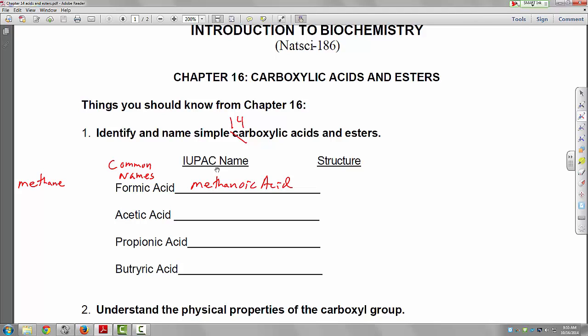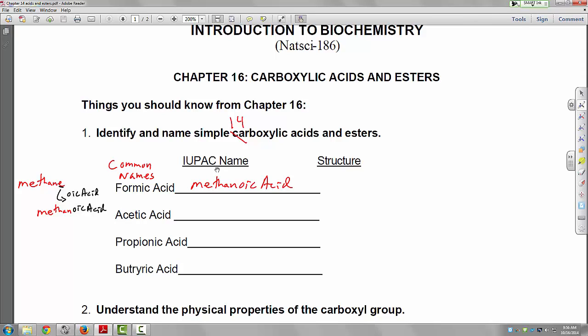And what we do is we will drop the E and add oic acid, so methane becomes methanoic acid, the common name formic acid.